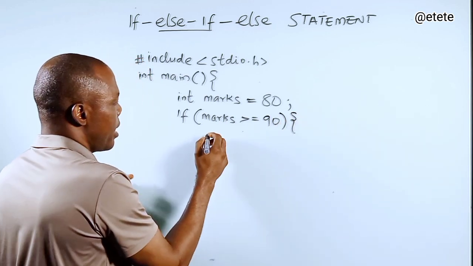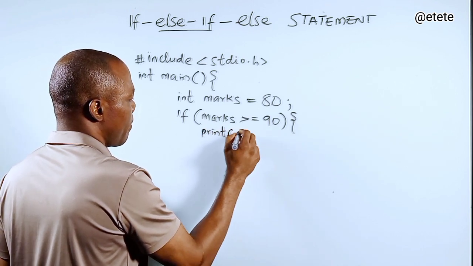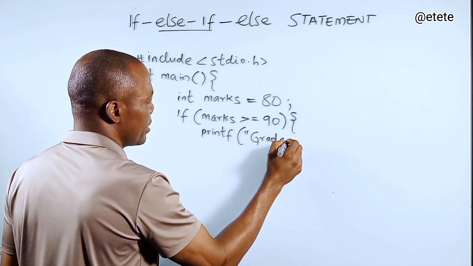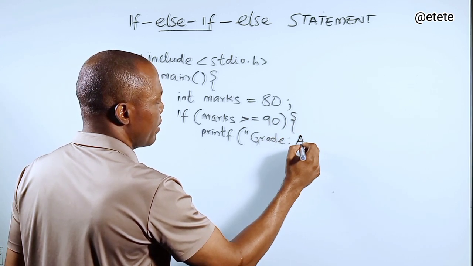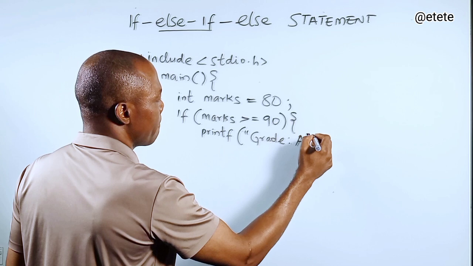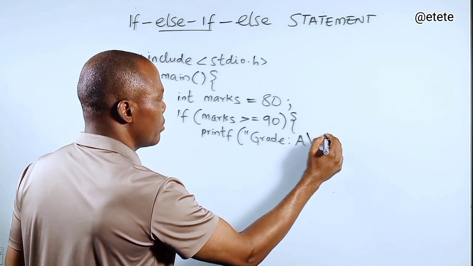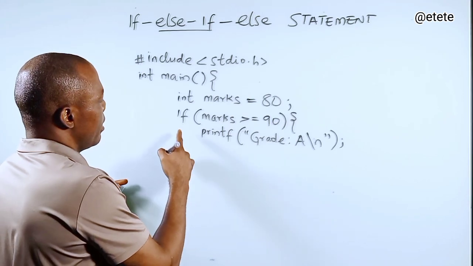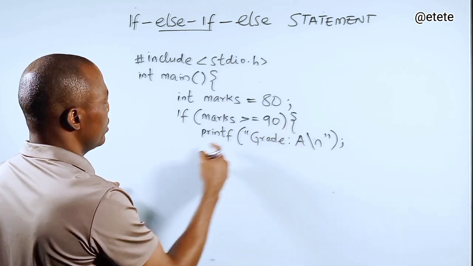Go in and printf grade A, go to a new line. Else if, so we close it.